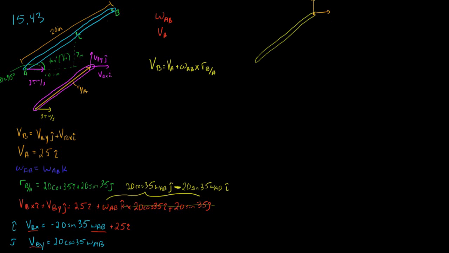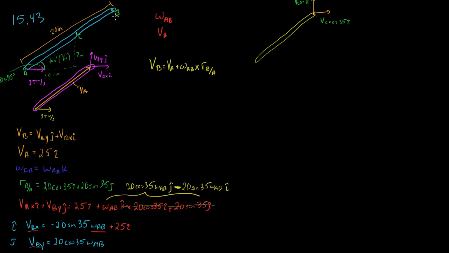However, unlike B, which we don't know really what it's doing, we know the velocity of C has to be constrained along this bar. So this velocity of C is going to have a velocity of C times the sine of 35 and a velocity of C times the cosine of 35.